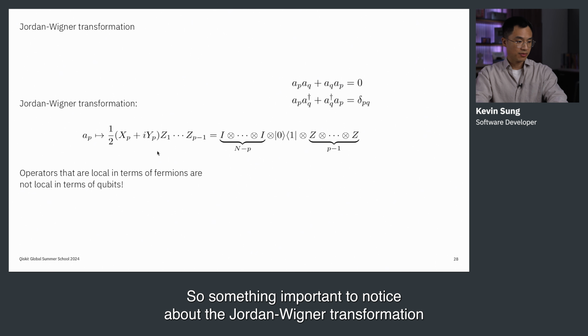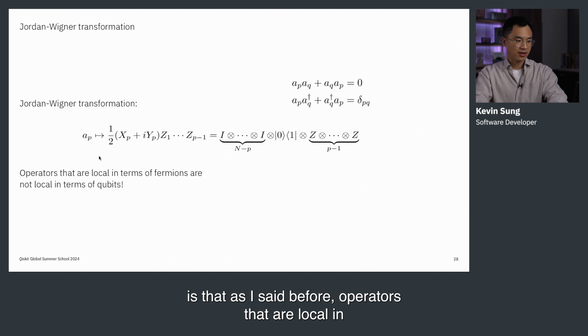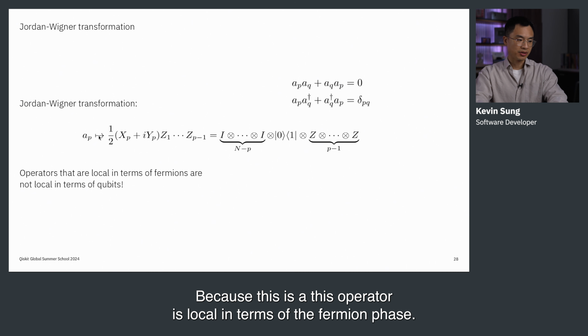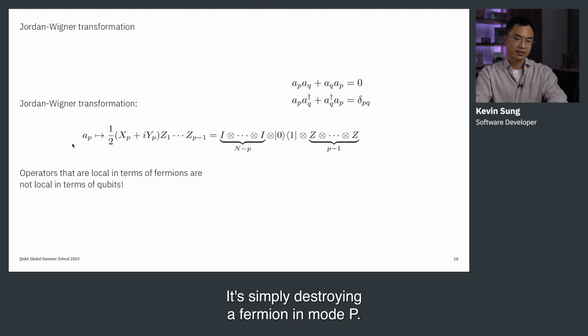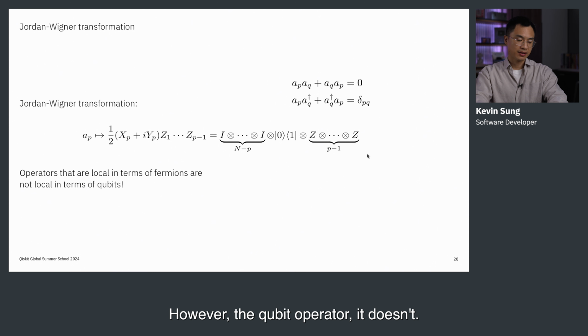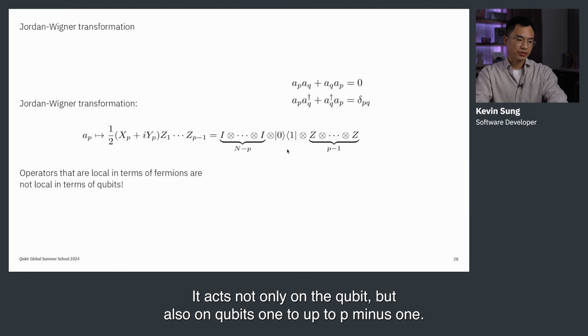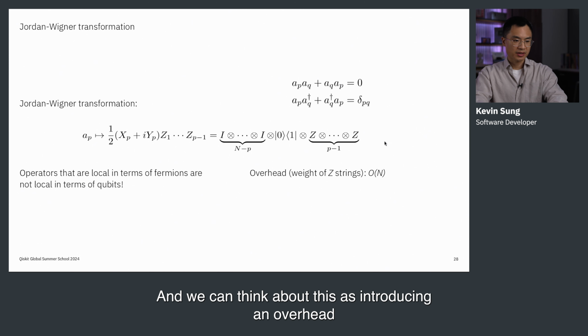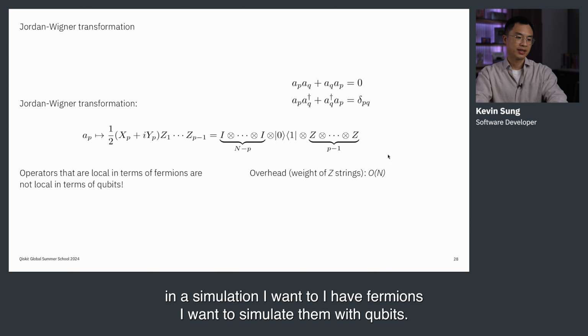Something important to notice about the Jordan-Wigner transformation is that, as I said before, operators that are local in terms of fermions are not local in terms of qubits. This operator is local in terms of the fermions because it's simply destroying a fermion in mode P. However, the qubit operator acts not only on the pth qubit, but also on qubits 1, 2, up to P minus 1 with the Pauli Z. We can think about this as introducing an overhead in the simulation.